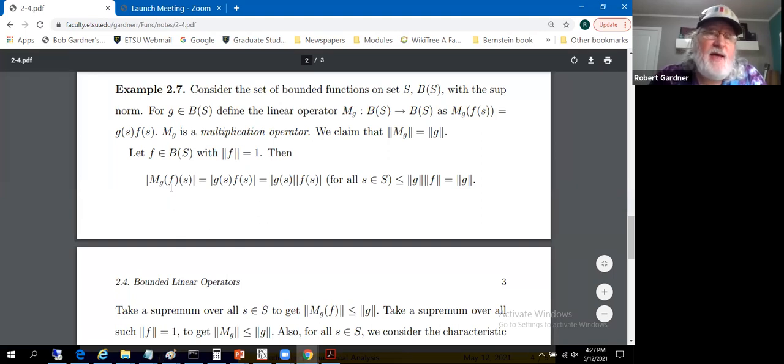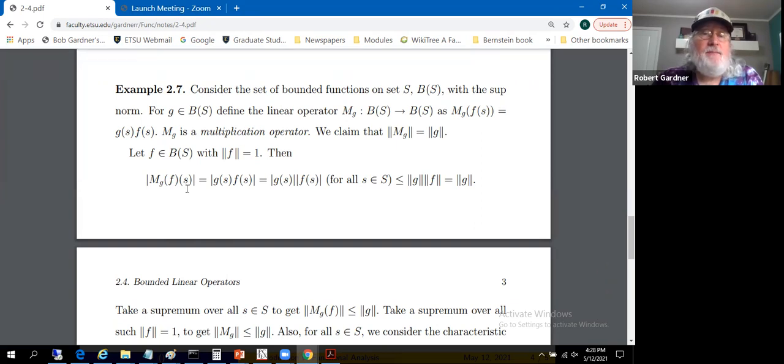Let's take that function F and apply the multiplication operator M sub G to it, pointwise first. If we take M sub G of F, apply that to element s of the set, by the very definition up here that gives us G of s times F of s.